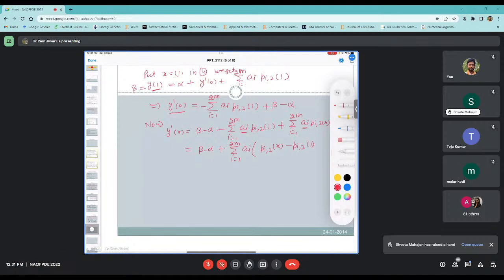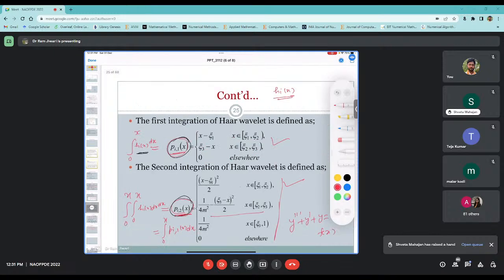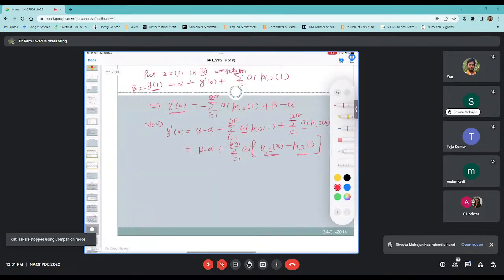Yeah, pi 2, you know already, pi 2 of 1 you can calculate from that function which we already have for pi 2. You can put its value as 1 upon 4m square. That's fine. And pi 2 x is the whole function. So this is finally it. And y x is equal to what?